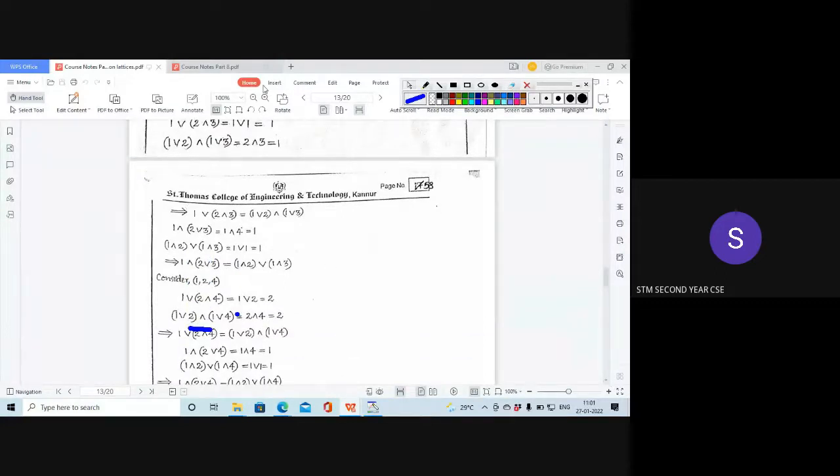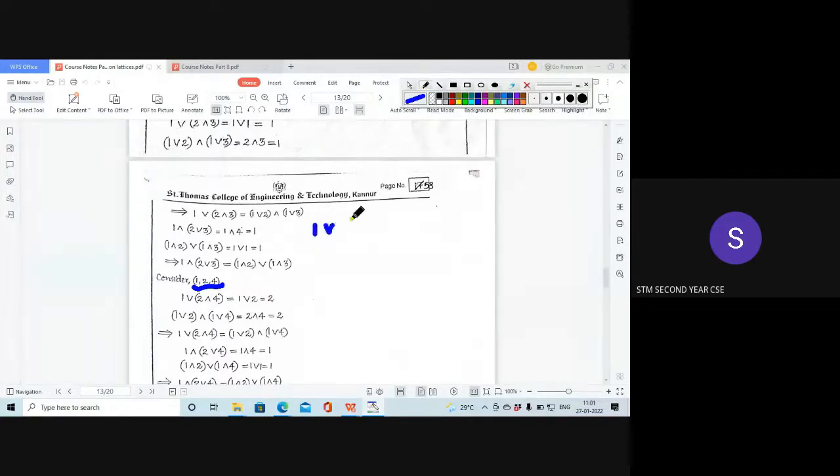Likewise, we have to evaluate the entire formula and find that the two distributive laws are satisfied. So, this we had checked only for the first combination, that is 1, 2, and 3. Likewise, we have to take the next one, 1, 2, and 4, and again check if the two distributive laws are satisfied.